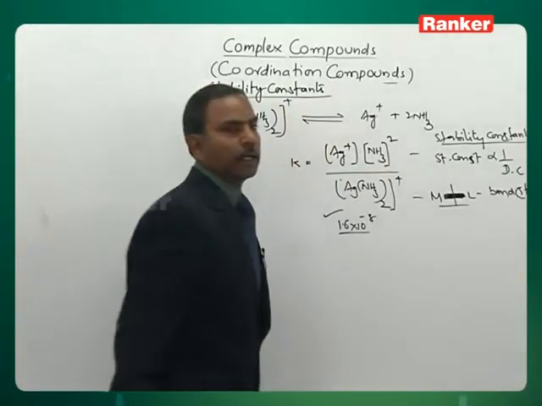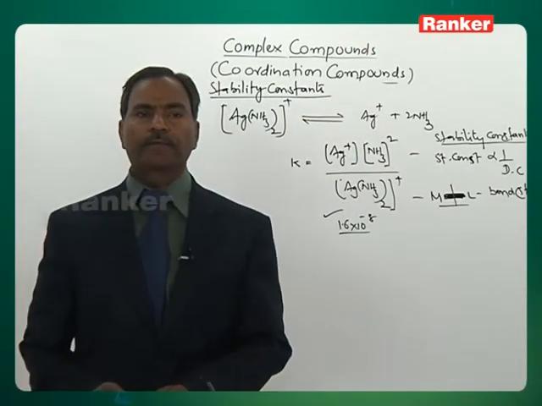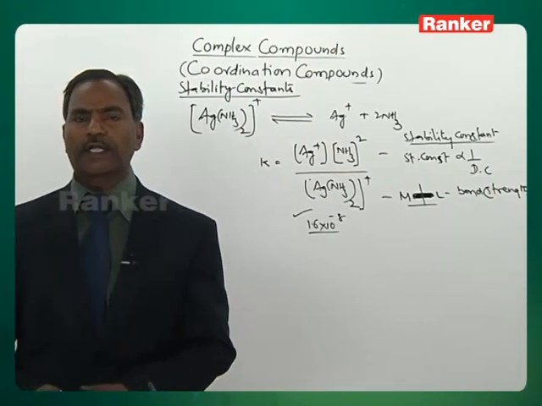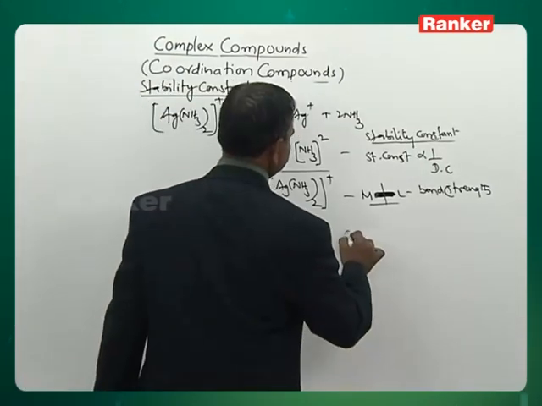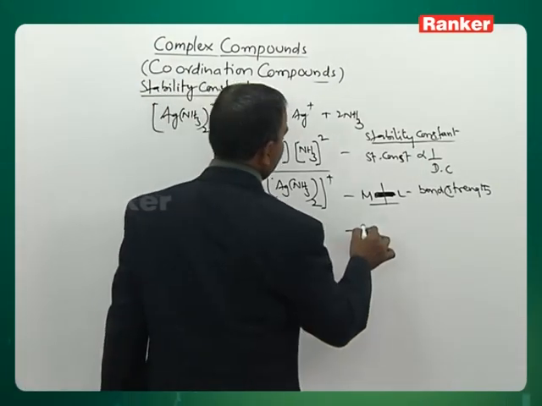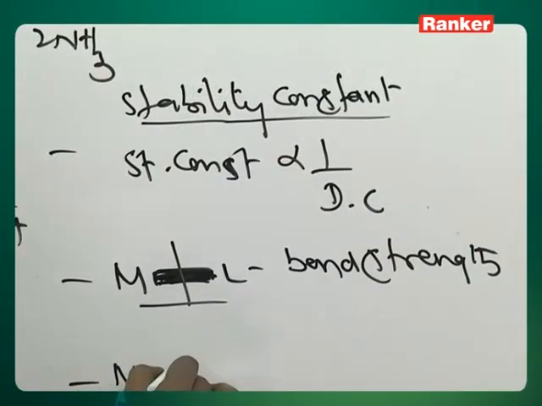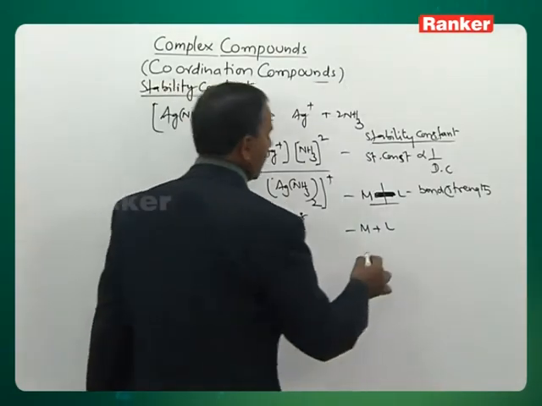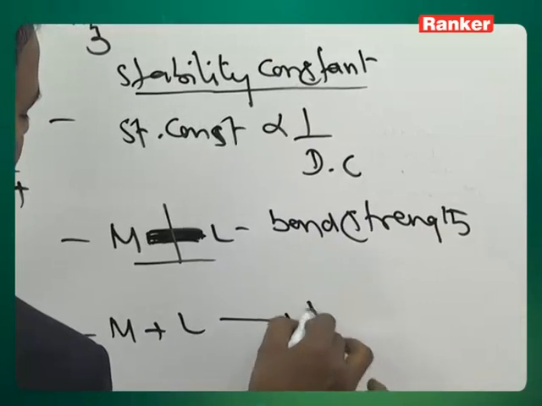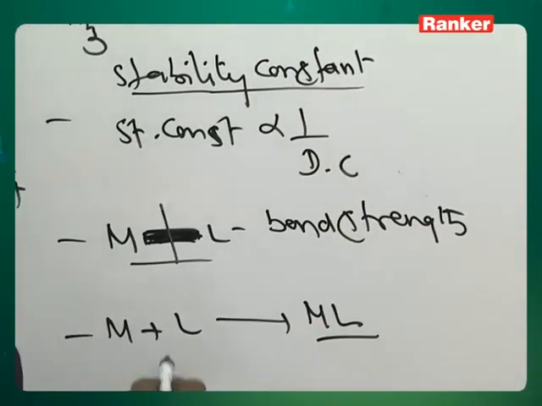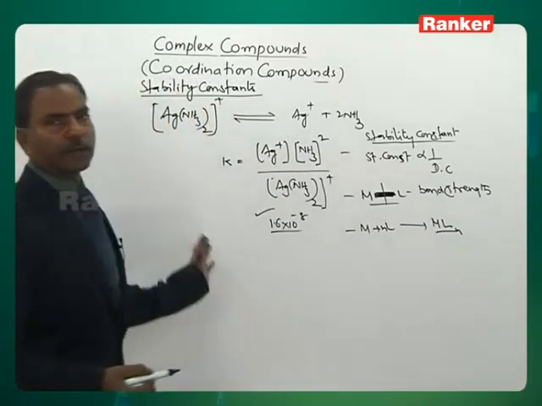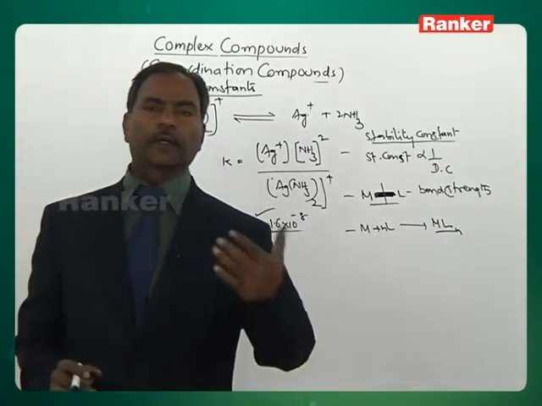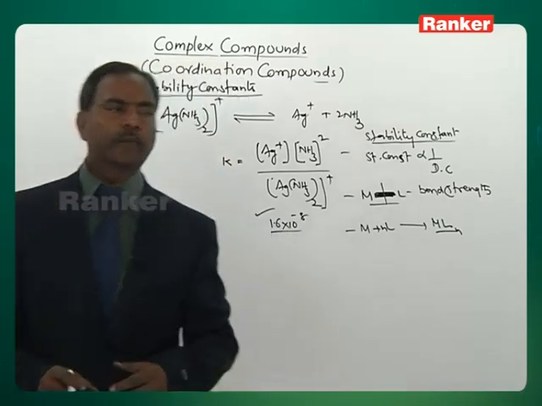Greater the metal-to-ligand bond strength, greater will be the stability. Next, it is also a measure of the rate of formation of the complex. If the rate of formation of the complex is more, that complex is also found to be stable.